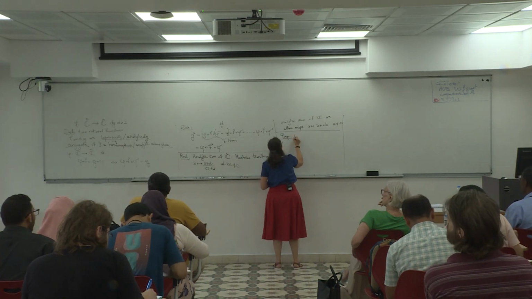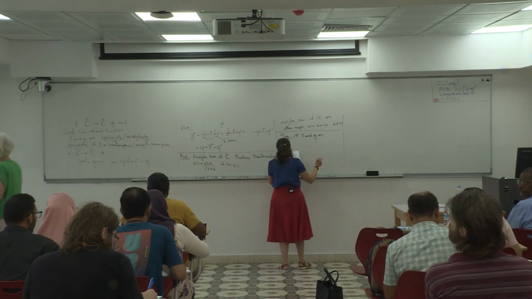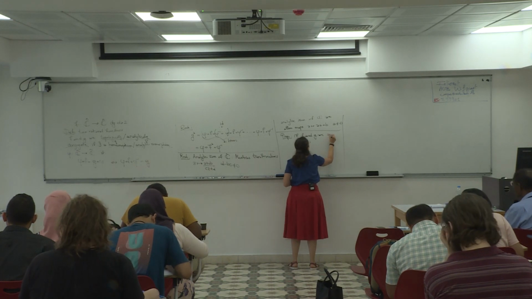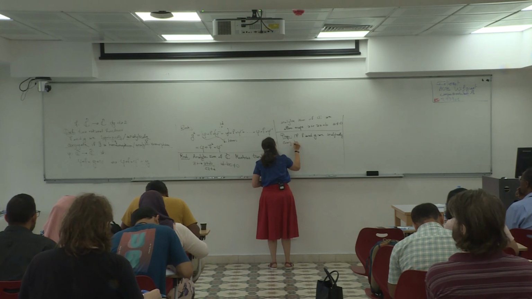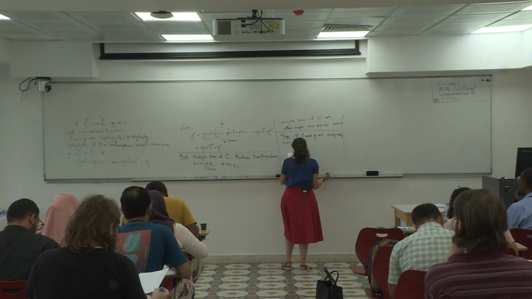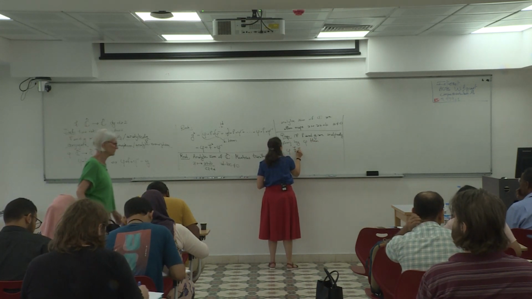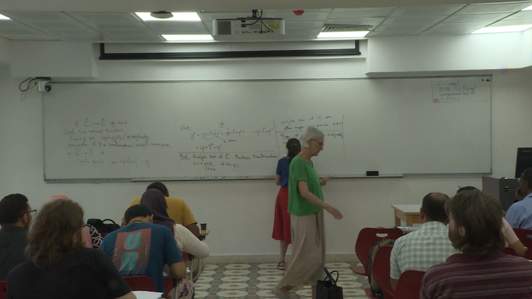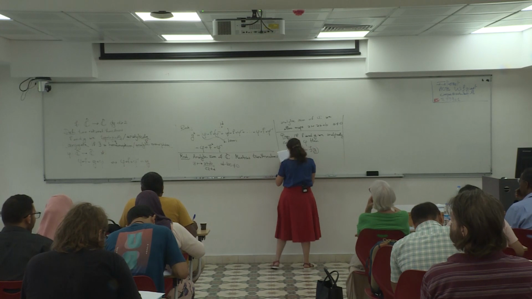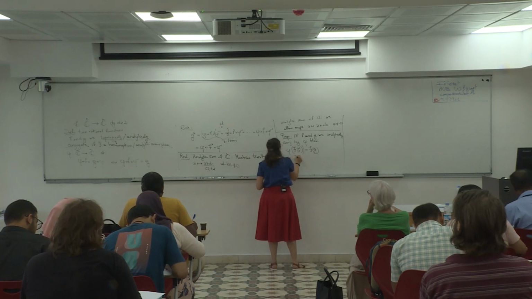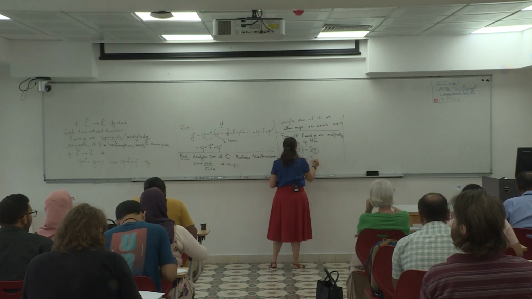If F and G are analytically conjugate by phi, then it happens what you expect. The image of the Fatou set of F is equal to the Fatou set of G. And of course, the image of the Julia set of F is equal to the Julia set of G.